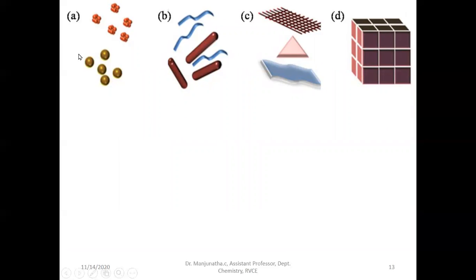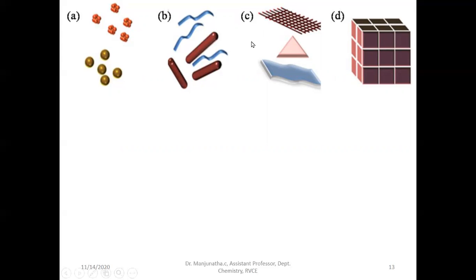So these are all 0-dimensional materials. They look like spherical particles. Even a small spherical particle made up of an aggregation of even smaller particles is also called a 0-dimensional material because its size is not more than 100 nanometer in all the 3 dimensions. 1-dimensional materials look like wires, rods, or tubular structures.